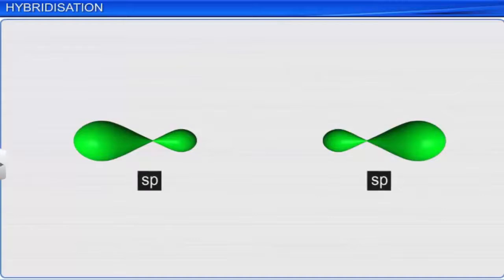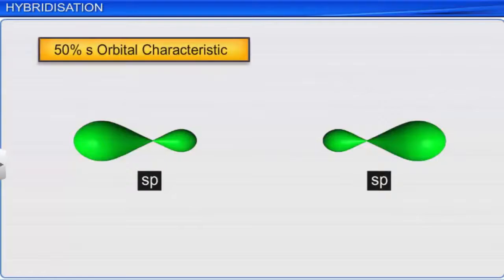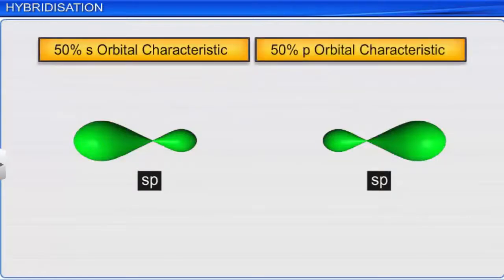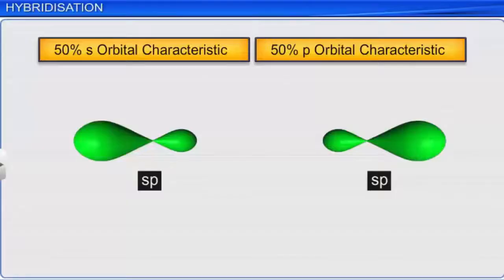The hybrid sp orbital shows 50% characteristics of the s orbital and 50% characteristics of the p orbital. The hybrid orbital has a large positive lobe and a very small negative lobe.